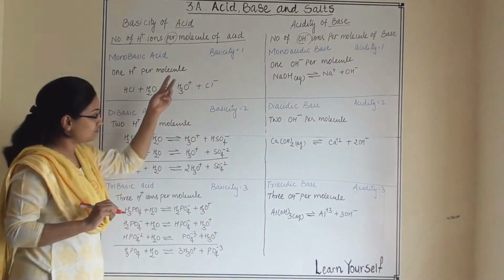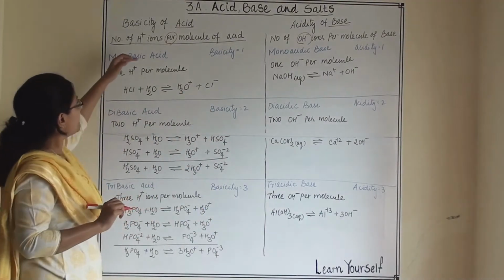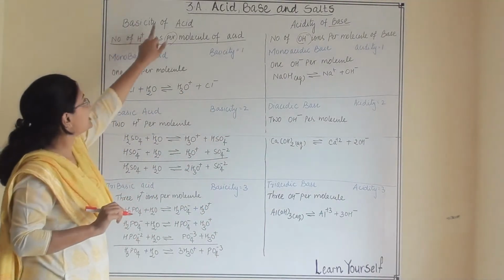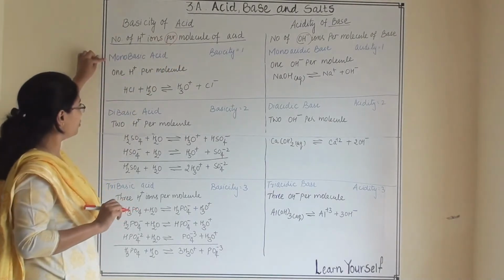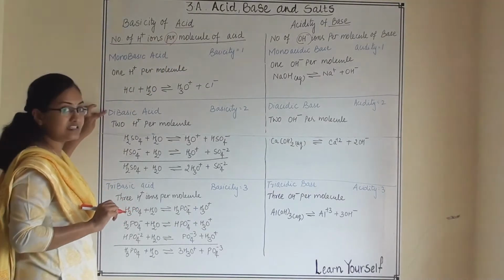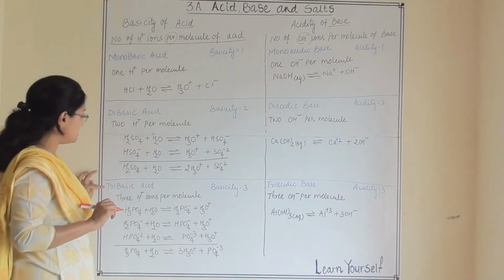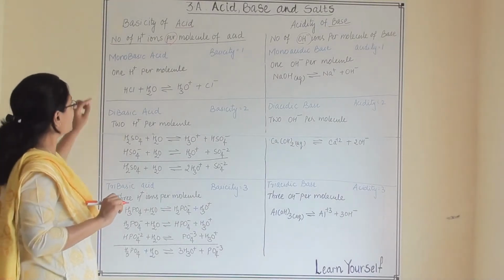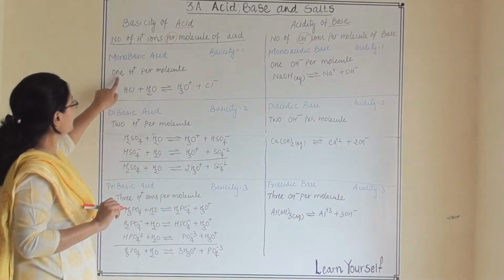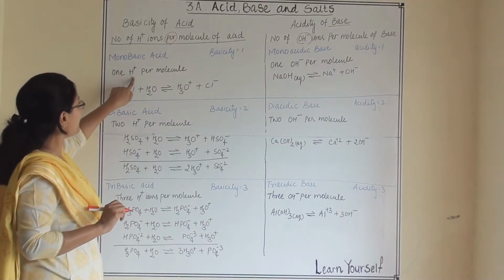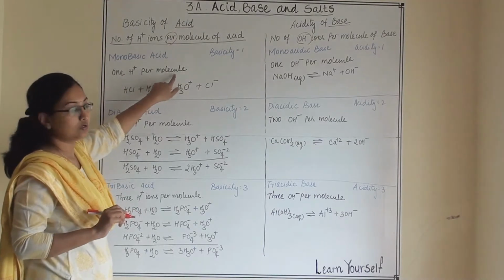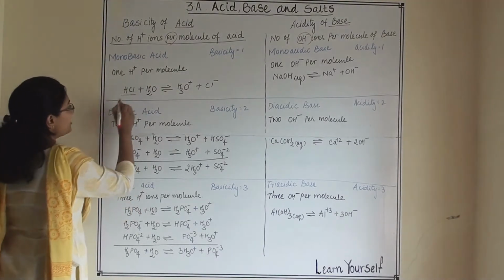Now there are three types of acids as per the basicity of acid. First is monobasic acid, second is dibasic acid, third is tribasic acid. What is monobasic acid? It generates one H plus per molecule. For example, hydrochloric acid.